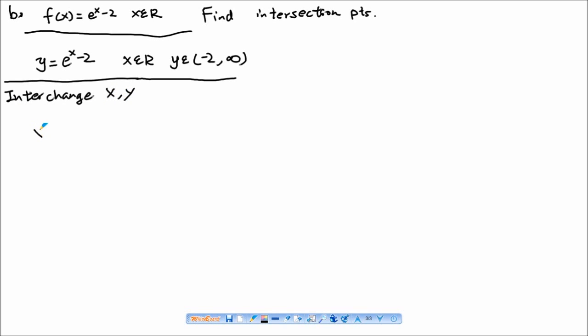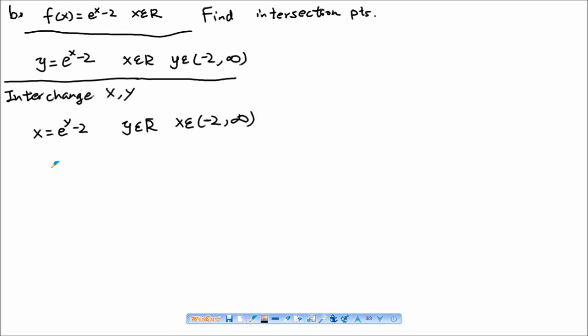I would have x equals e power of y minus 2, and the range of the inverse function will be y belongs to R. The domain of the inverse function will be (minus 2, positive infinity).